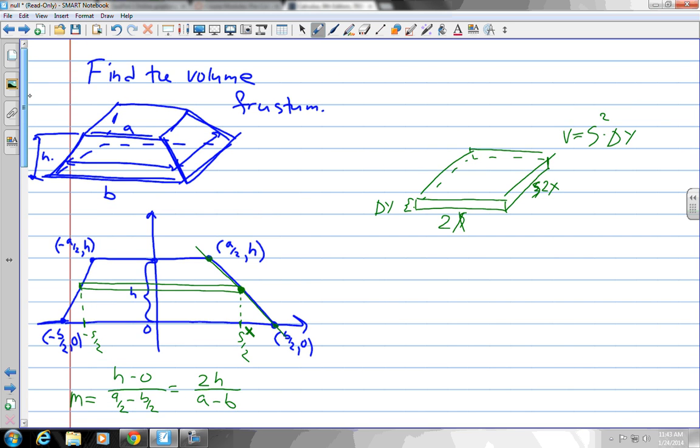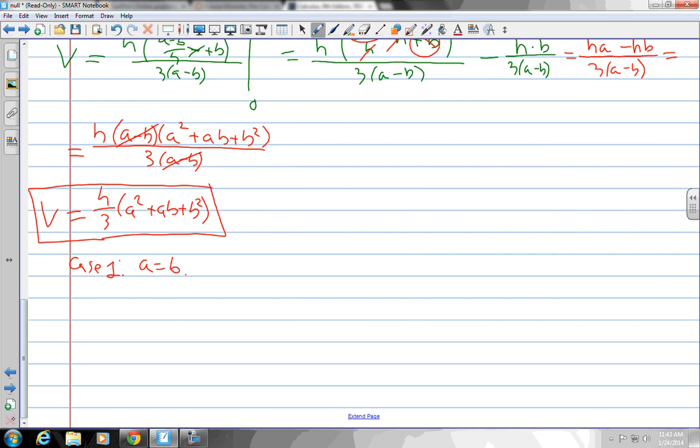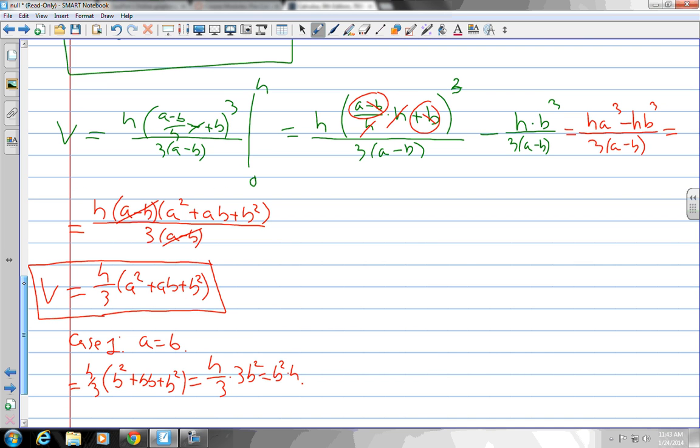If a equals b, we plug in b squared plus bb plus b squared, so yes, this is h over 3 times 3b squared, so b squared h. So that kind of worked, right?